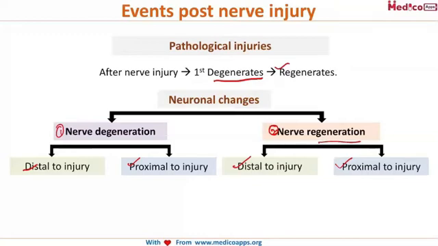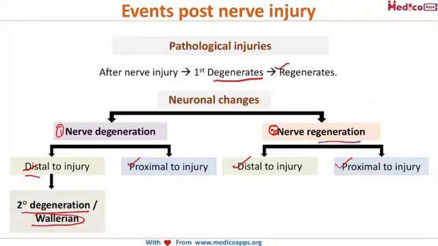The changes that occur distal to the site of injury are called secondary degeneration or Wallerian degeneration. Right? Wallerian degeneration is the degeneration that occurs distal to the site of injury, and proximal to the site of injury, this is called primary degeneration or retrograde degeneration.